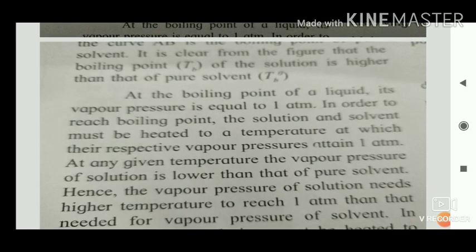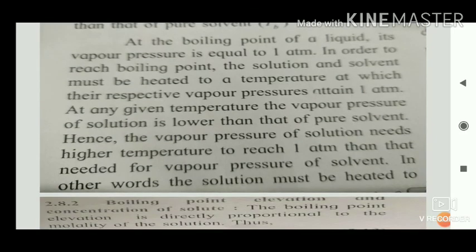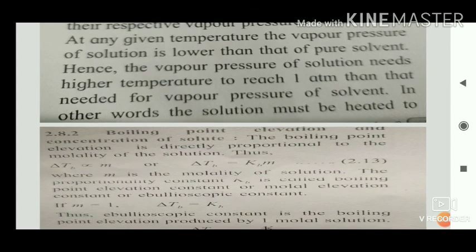At any given temperature, the vapor pressure of the solution is lower than that of the pure solvent. Hence, the vapor pressure of the solution needs a higher temperature to reach 1 atmosphere than that needed for the vapor pressure of the solvent. In other words, the solution must be heated to a higher temperature.